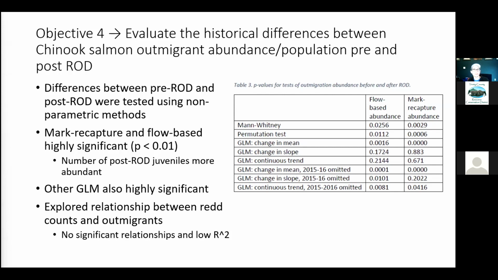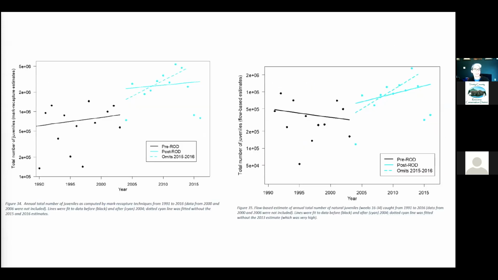for both. And this is a graph to show the trends pre and post ROD, with the one on the left being the mark recapture, and the one on the right being the flow-based. You can see there is some overlap, but generally the averages are higher post ROD compared to pre ROD, and our abundance is trending up post ROD.